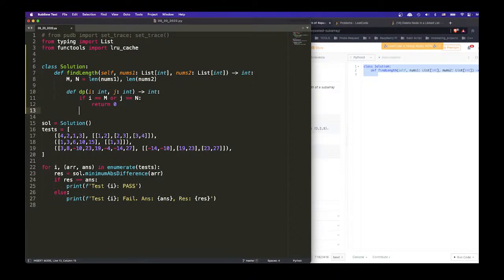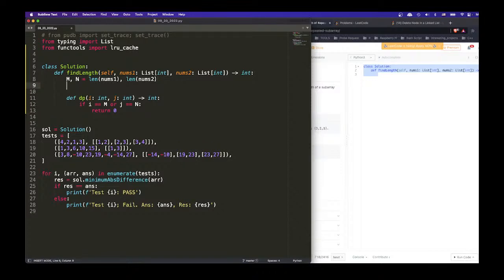Otherwise, if the two are the same, then we're going to return... Oh, this one I actually have to think about differently. If they're not the same... Wow, actually I don't know how to do top down.